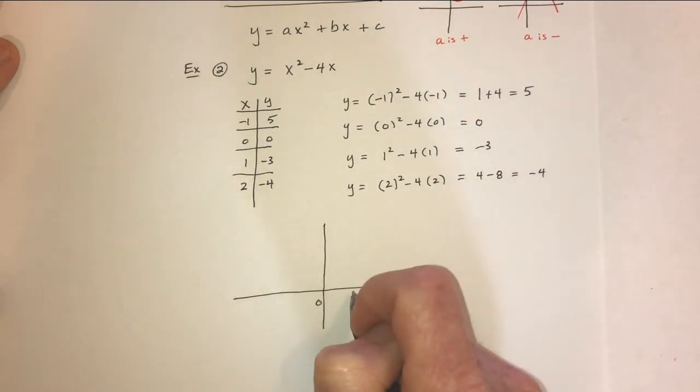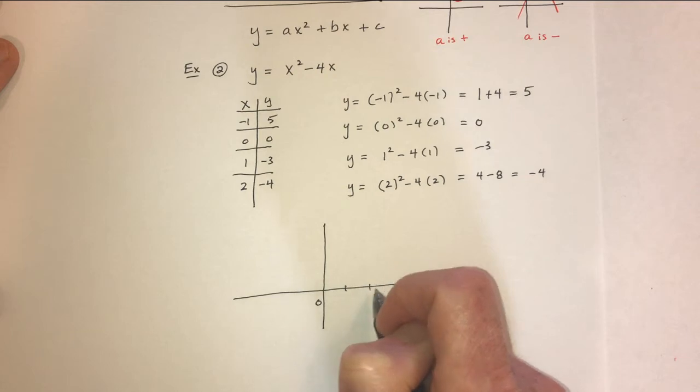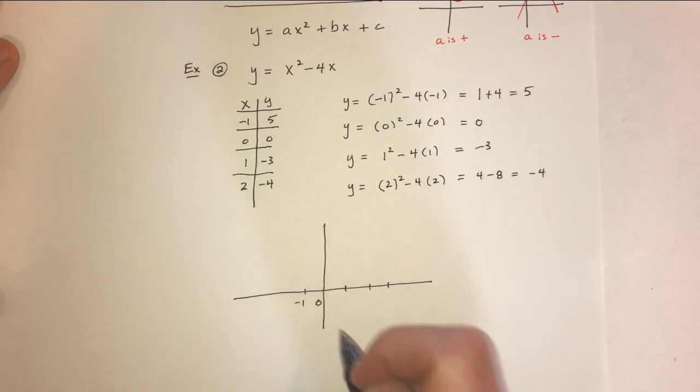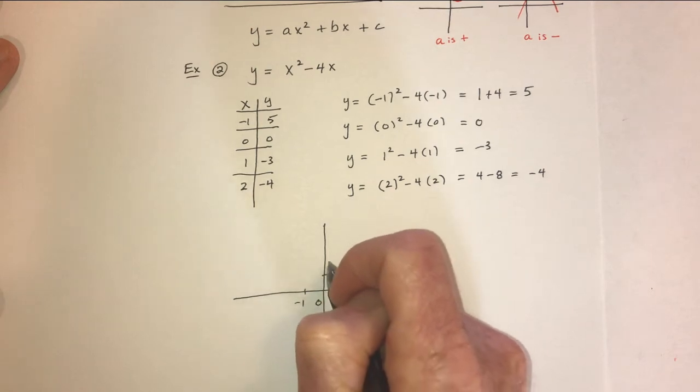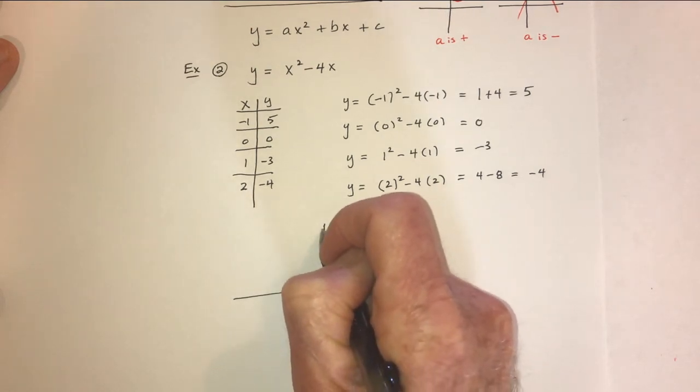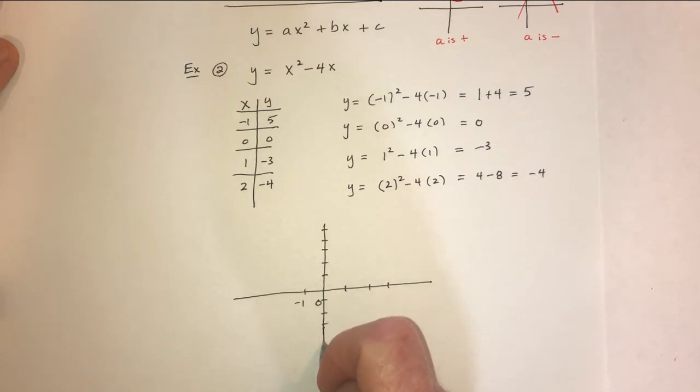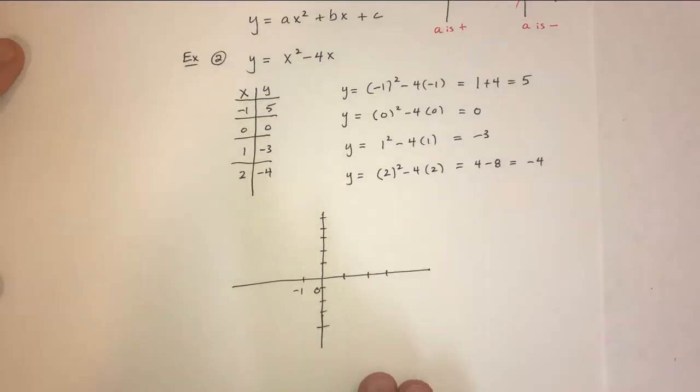So x is 0, 1, 2, 3, and -1. 1, 2, 3, 4, 5, -1, -2, -3, -4.